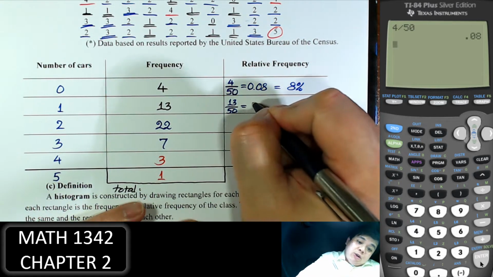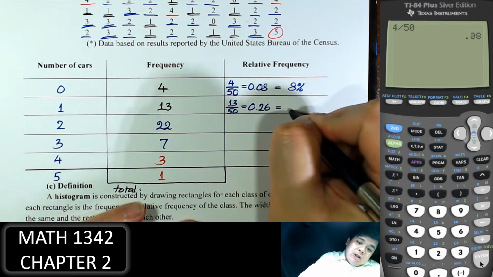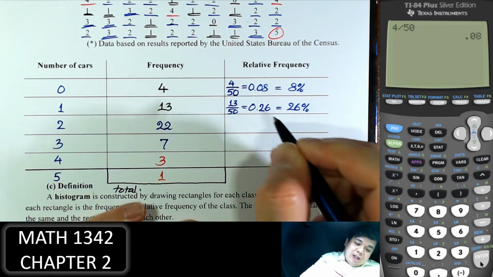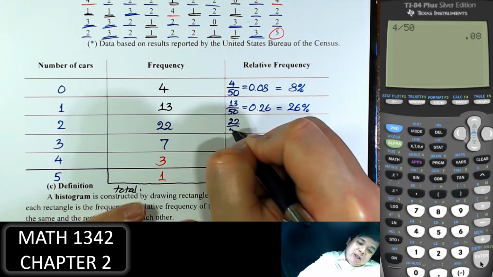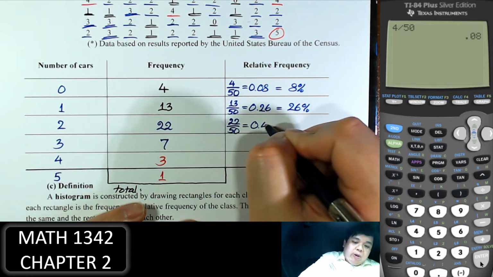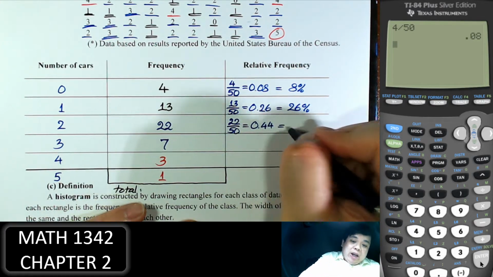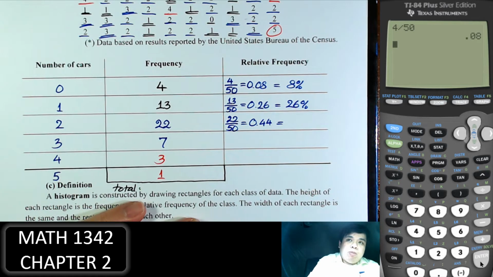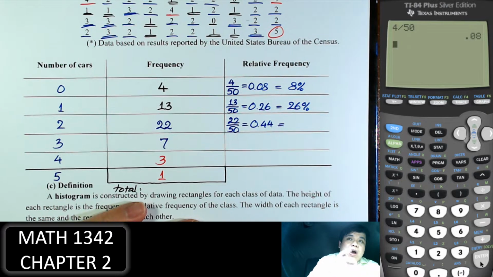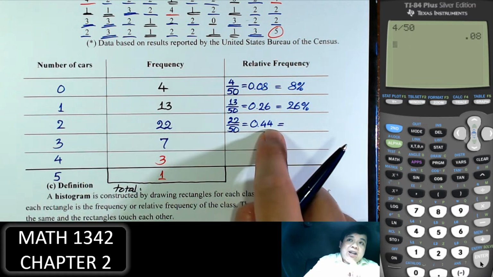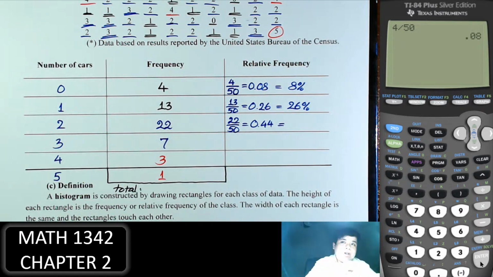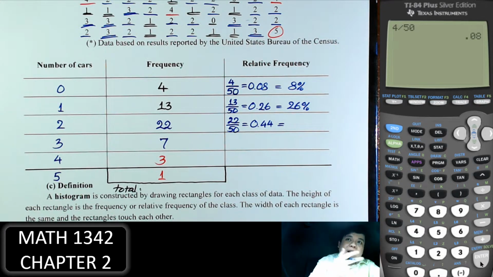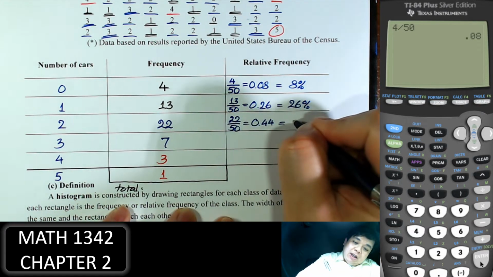If we do that, we have 0.26, 26%. And then 22 over 50, 0.44. If you wonder why we can get that number, dividing by 50 is like multiplying by 2 and dividing by 100. So I just multiply this by 2 and then divide by 100, move the decimal 2 places to the left. So that's 44%.